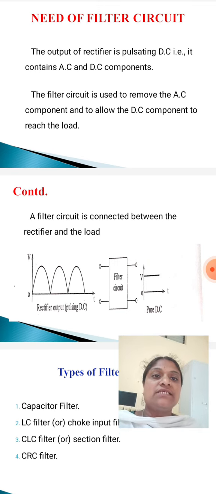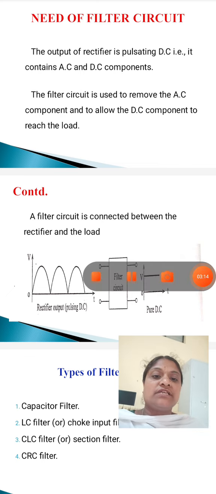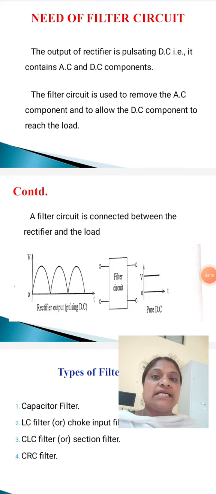Pulsating DC means it contains an AC component and a DC component. So the output of any rectifier is nothing but pulsating DC output. That means it contains AC and DC components.